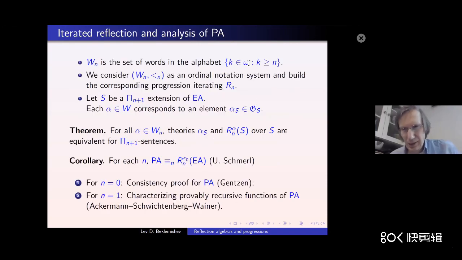So the moral from this is that using these methods, one can actually, in one go, using one idea and a very modular one, obtain all the main results on the proof theory of Peano arithmetic that are well known, including the consistency proof or characterization of its provably recursive functions, combinatorial principles.